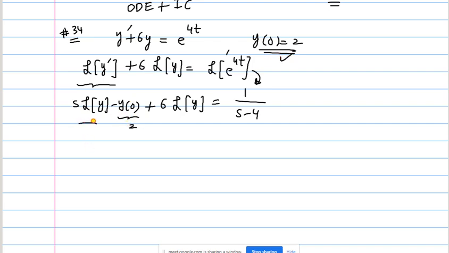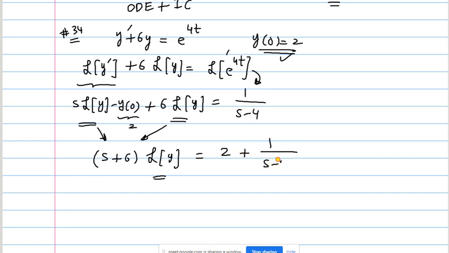So you can combine these two: s plus 6 times Laplace of y. Laplace of y is common, so this minus 2 goes to the other side, so minus 2 over s minus 4.